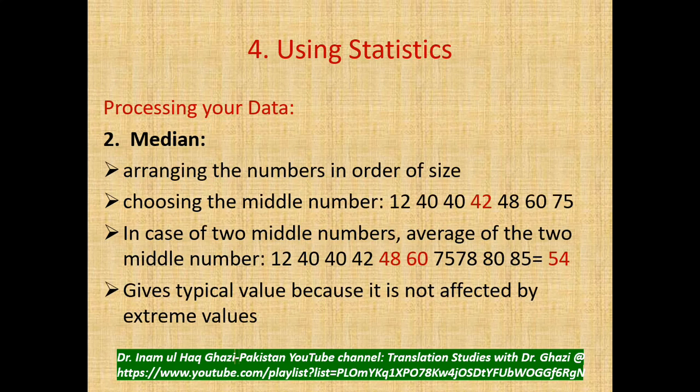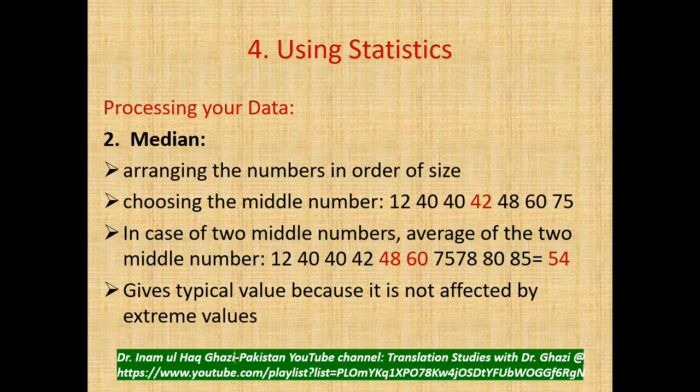Median is arranging numbers in order of size from the lowest to the highest, and choosing the middle number. Here, for example, you can see 12, 40, 40, 42, 48, 60, and 75, and the middle number is of course 42, and this is the median. But in case of two middle numbers, let's say there are 10 values, take the average of the two middle numbers.